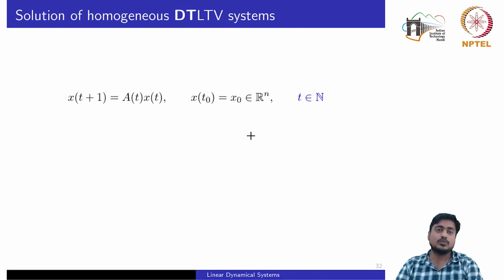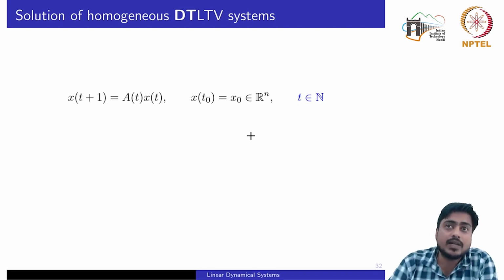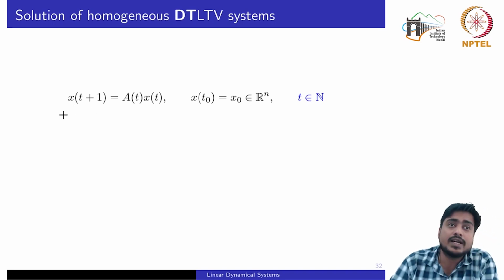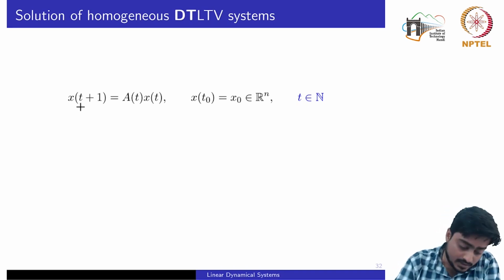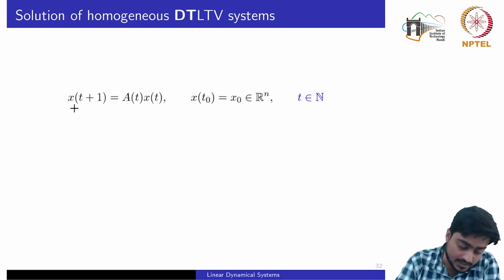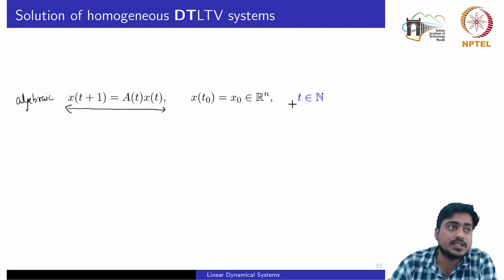Now moving on to the homogeneous discrete time LTV state space systems, we represent the system by this equation, where we are no longer taking the derivative, but the state advances by one sample. This is no longer a differential equation but only an algebraic equation, where t belongs to the set of integers.